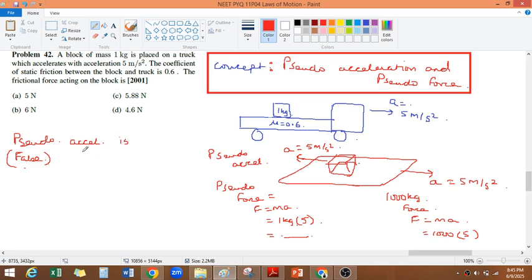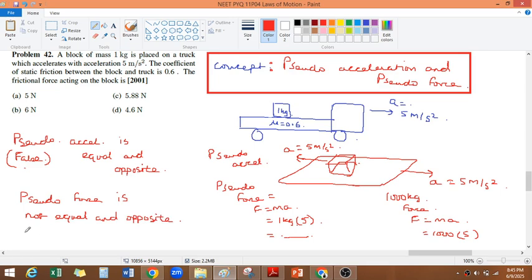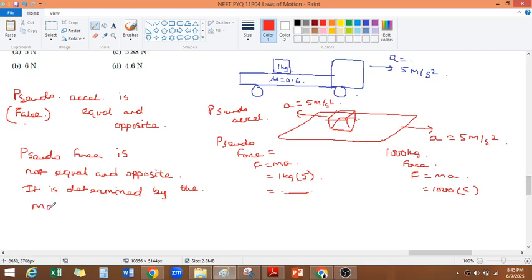Pseudo acceleration is equal and opposite, whereas pseudo force is not equal and opposite, which means it is determined by the mass of the object. F is equal to ma.